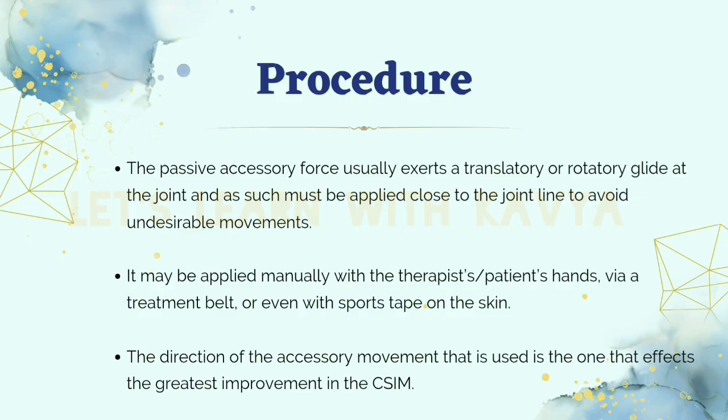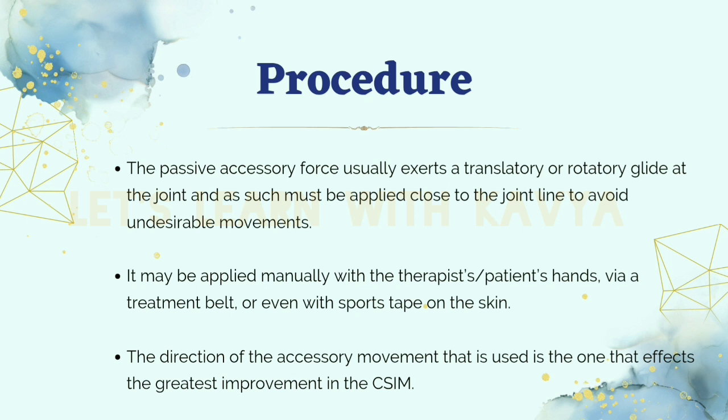Moving on to the procedure, the passive accessory force usually exerts a translatory or rotatory glide at the joint and as such must be applied close to the joint line to avoid undesirable movements. It may be applied manually with the therapist's or patient's hands, via treatment belt, or even with sports tape on the skin.